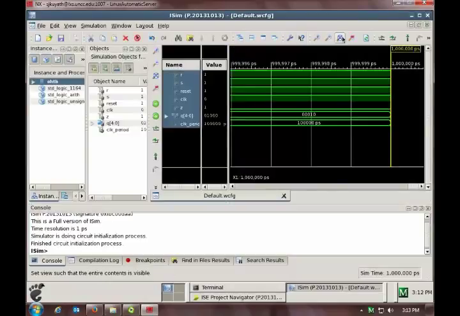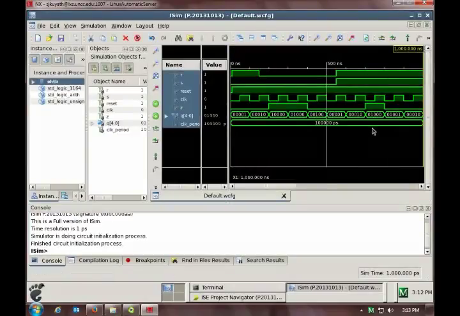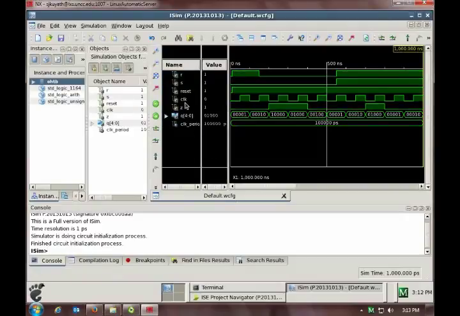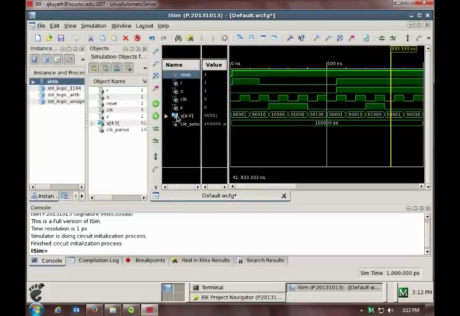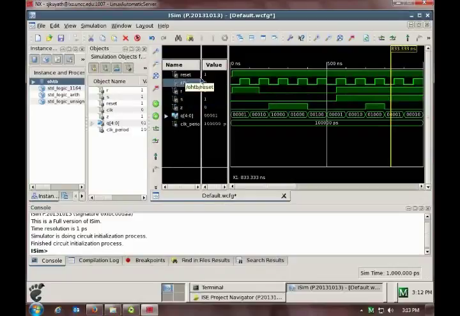All right, let's see what happened. Again, it does this all the time, so you might not want to spend too much time changing this around until you're ready to start taking snapshots to add to your report and then to show me.